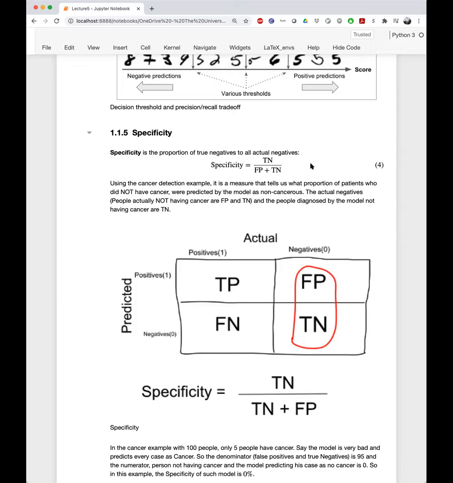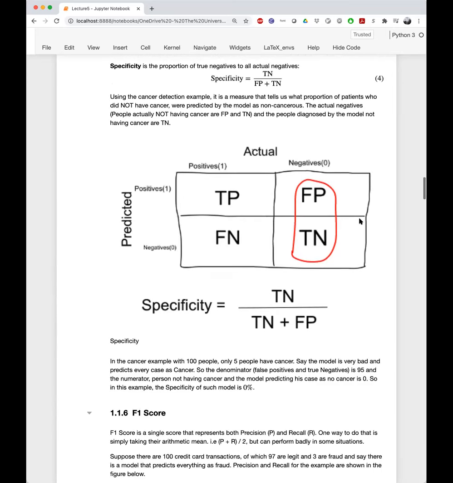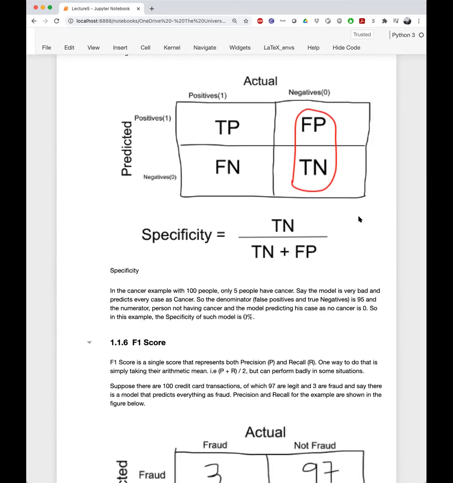So that's similar to the interpretation of recall. For recall, we want to see what's the proportion of the positive cases that we actually catch by our model. The specificity is the same. That's the proportion of the negative cases that our model actually caught. So we can interpret it in a similar way.